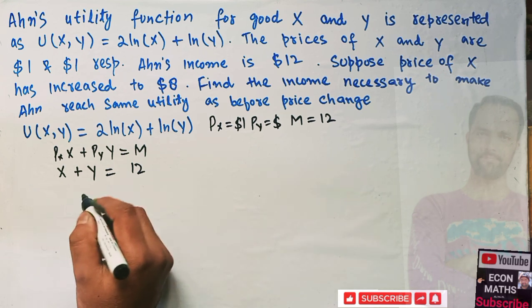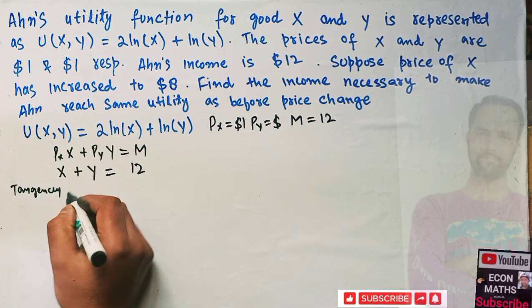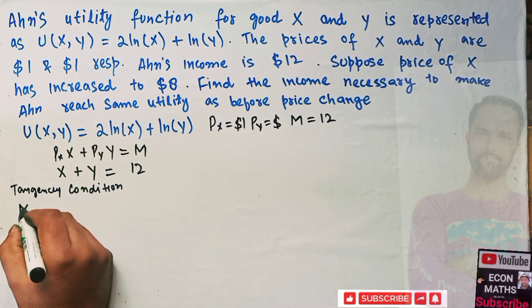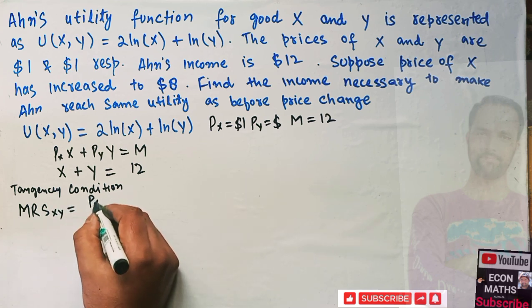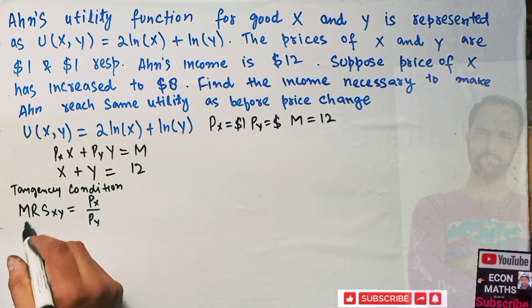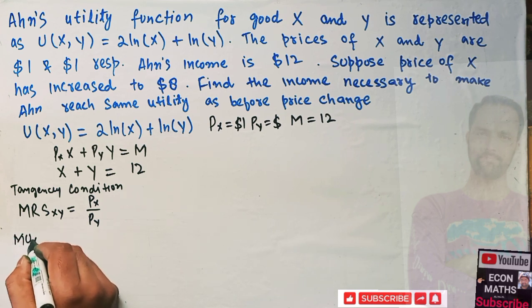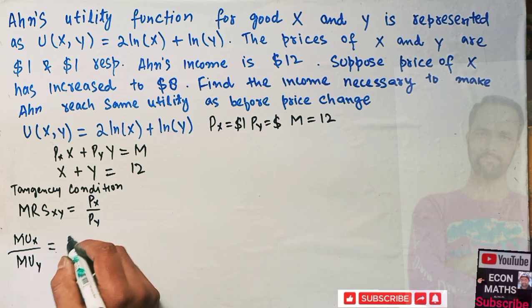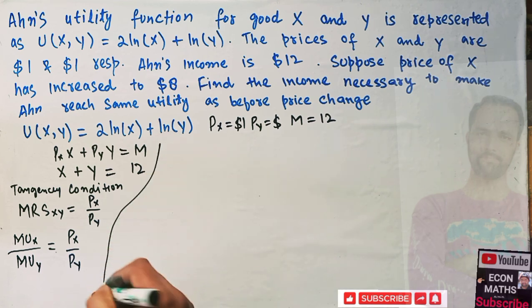For that we use the tangency condition, which requires that the marginal rate of substitution between good x and y should be equal to the price ratio, Px upon Py. The marginal rate of substitution is given by the marginal utility of x upon the marginal utility of y. I hope I am making sense here.